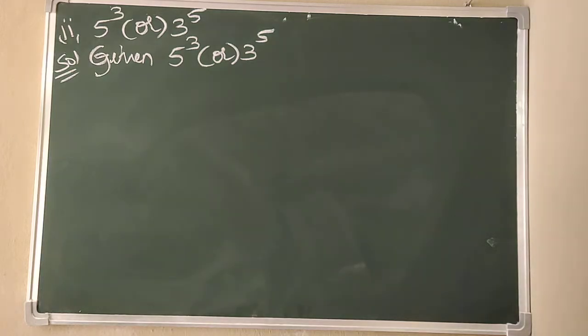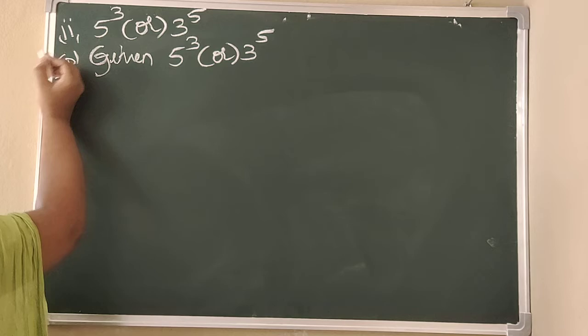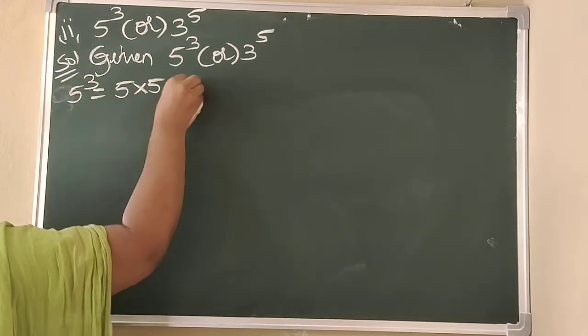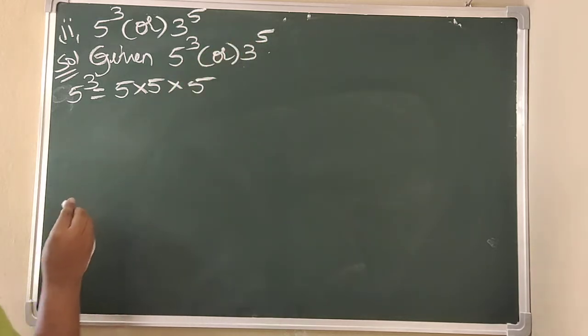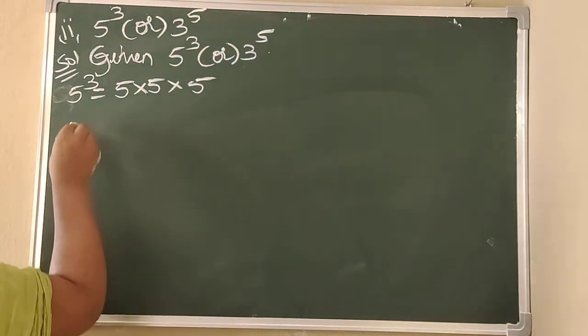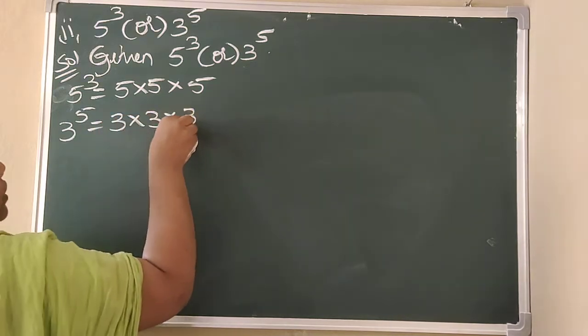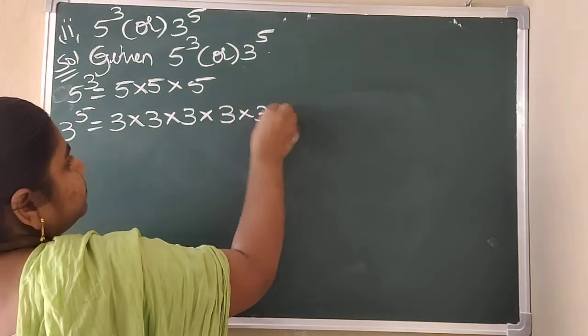So 5 cube means 5 we have to multiply 3 times. So here 5 cube is nothing but 5 into 5 into 5. And 3 power 5 means 3 we have to multiply 5 times, that is 3 into 3 into 3 into 3 into 3.